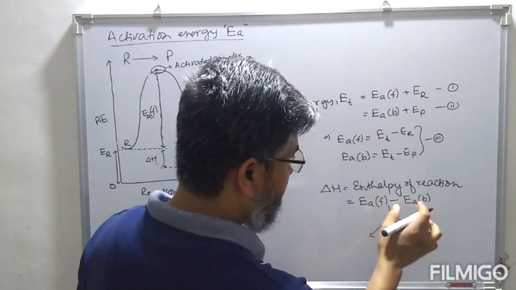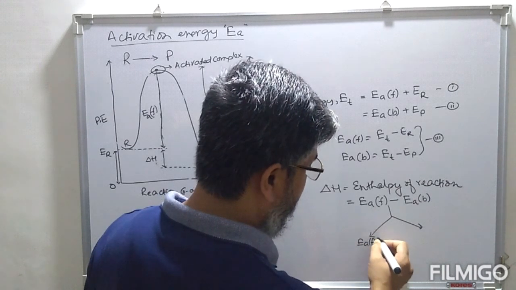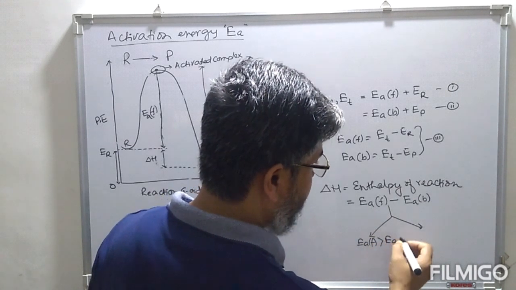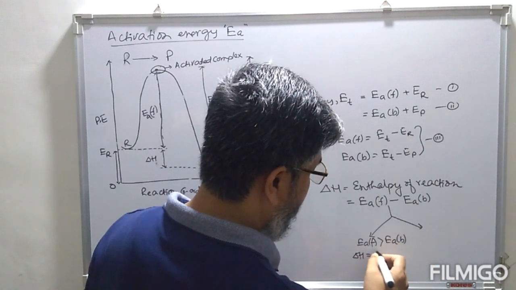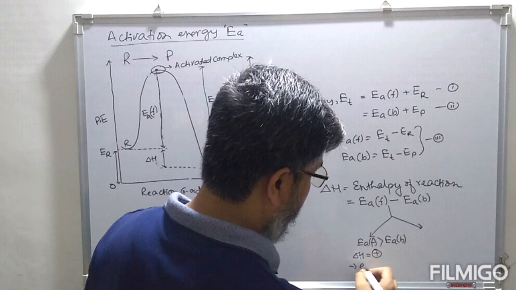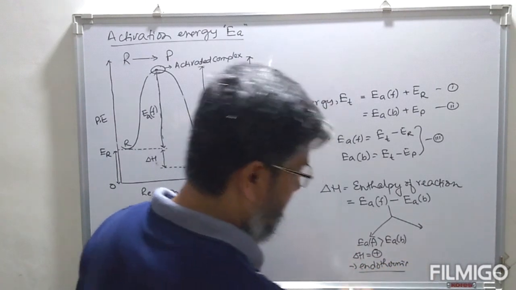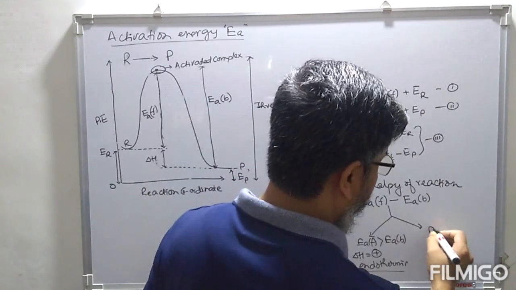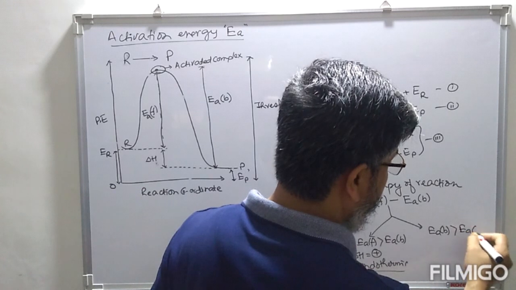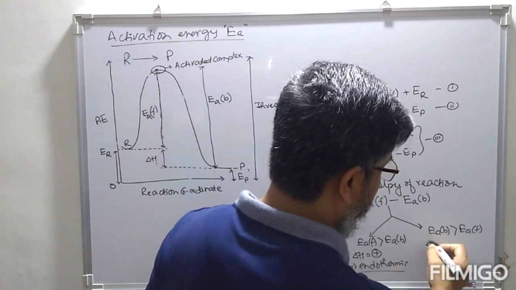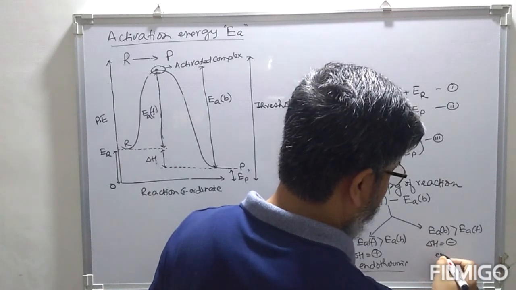If the activation energy of the forward reaction is greater than the activation energy of the backward reaction, then delta H will be positive. The reaction is known as endothermic. If the activation energy of the backward reaction is greater than the activation energy of the forward reaction, then delta H will be negative, then the reaction is known as exothermic.